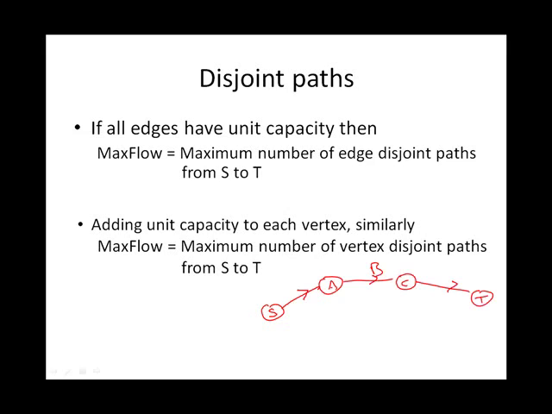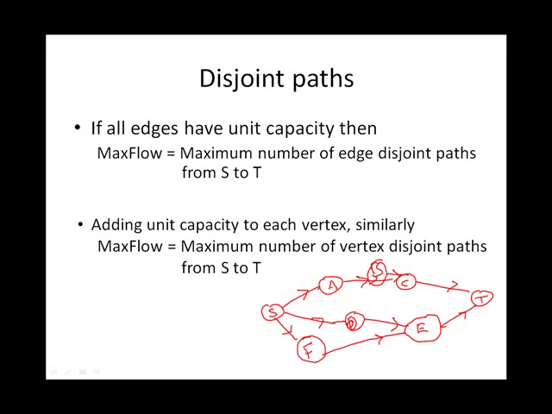We have the vertices A, so A to B, B to C, and let's say we have A to D, D to E, and let's say E to T, and let's add one more vertex, S to F, and from F to E. Okay. So consider this network.